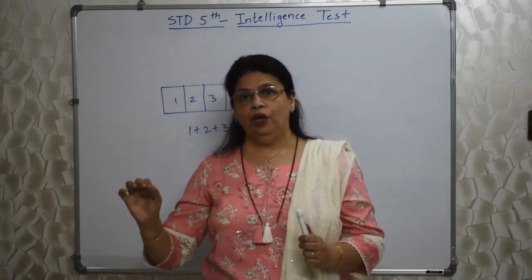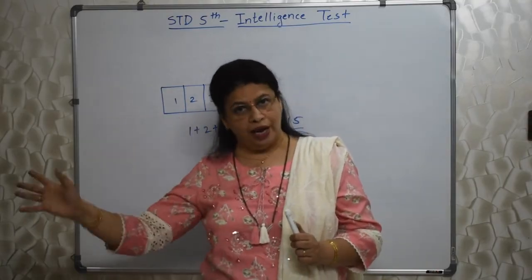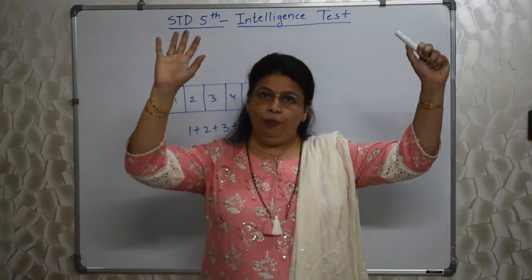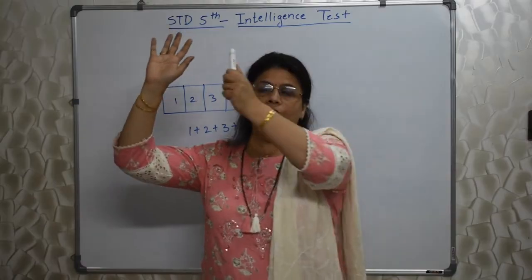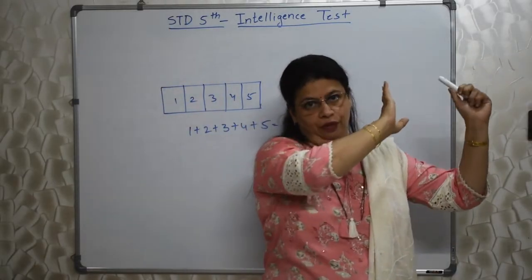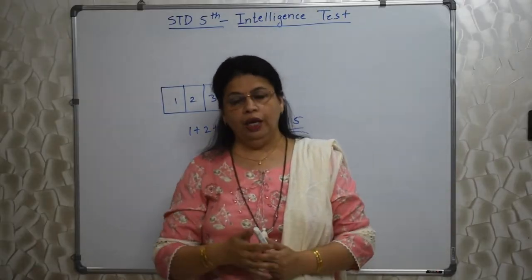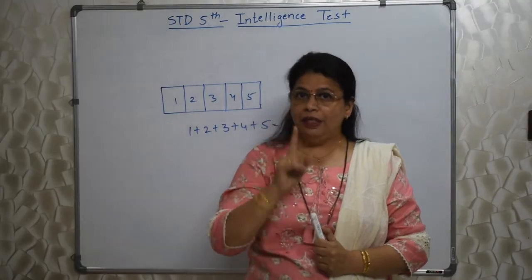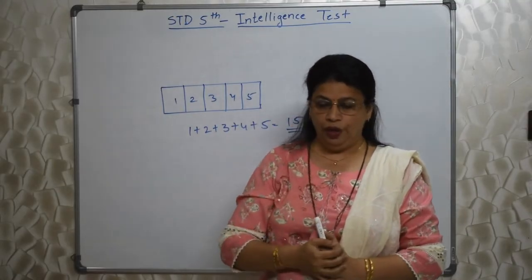Whichever part of the figure is in the extreme right will go to the extreme left. Whatever is on top will remain on top only. Only top extreme right wala jo hai, that will go top extreme left. That's it, and vice versa. Okay, this is mirror image and water image. Please revise those concepts.